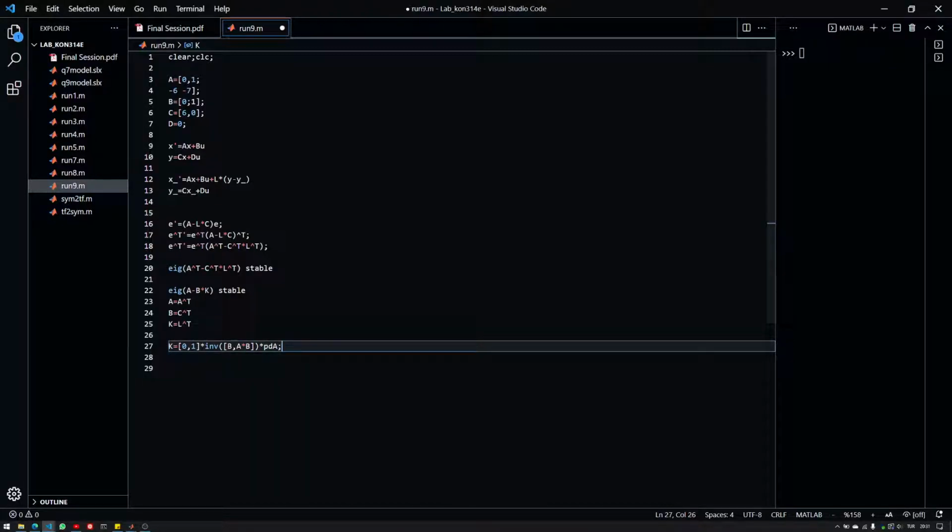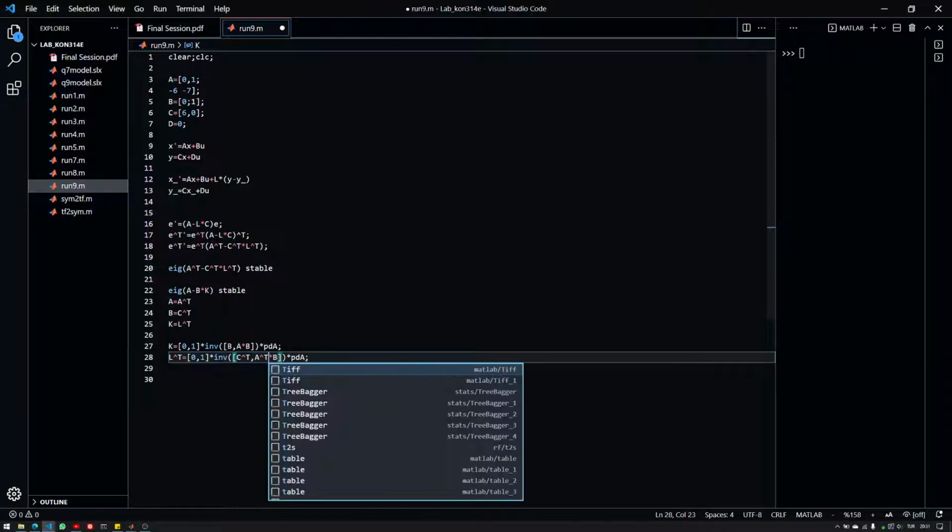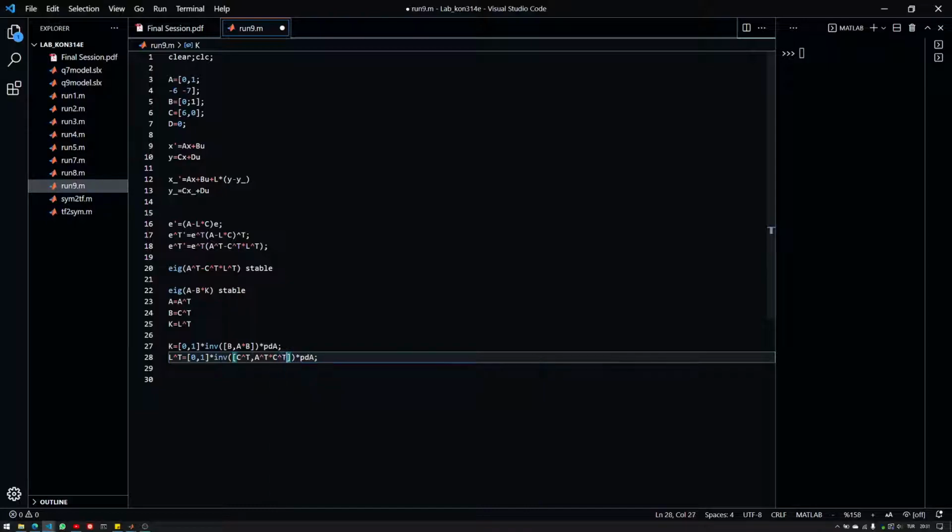That's basically the formula that we use for state feedback controller design. So let's plug these in. We have L transpose, and then we have C transpose, and then A transpose, C transpose, and then PDA, which is not really that important. You can maybe use PDA and then plug in A transpose.